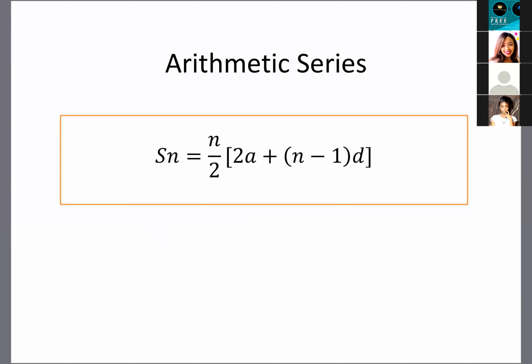Just make sure that you're comfortable with them: the arithmetic series proof and the geometric series proof. Please note that down somewhere so you don't forget that you have to know the 2 proofs. Okay, ma'am.